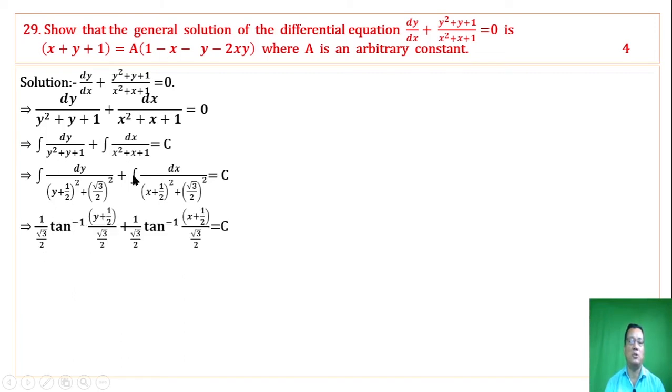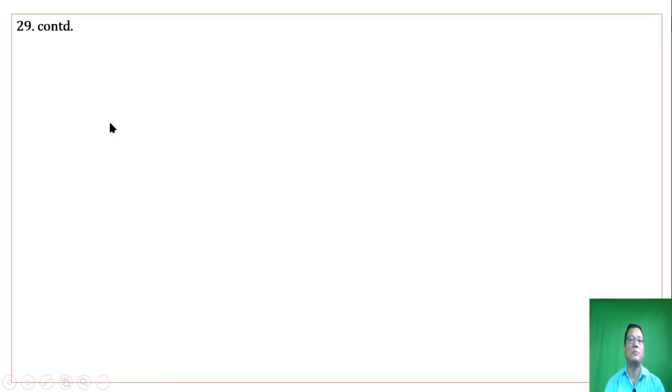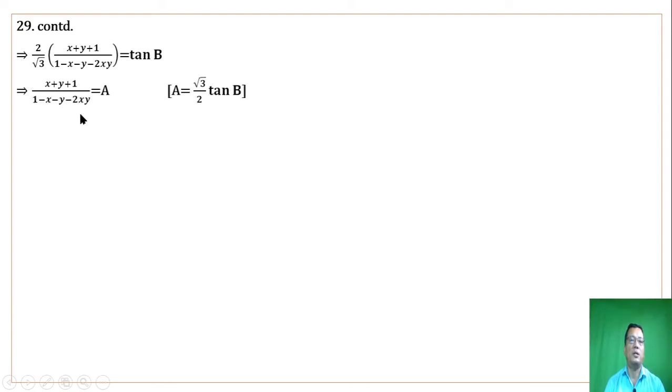Apply this, similarly this, and cross multiply, we get this, then tan inverse x plus tan inverse y. Apply that formula, we have this, simplify, and transfer tan inverse to this side. On the right side we have tan of b and a equal to this. Cross multiply, we get this, which proves the result.